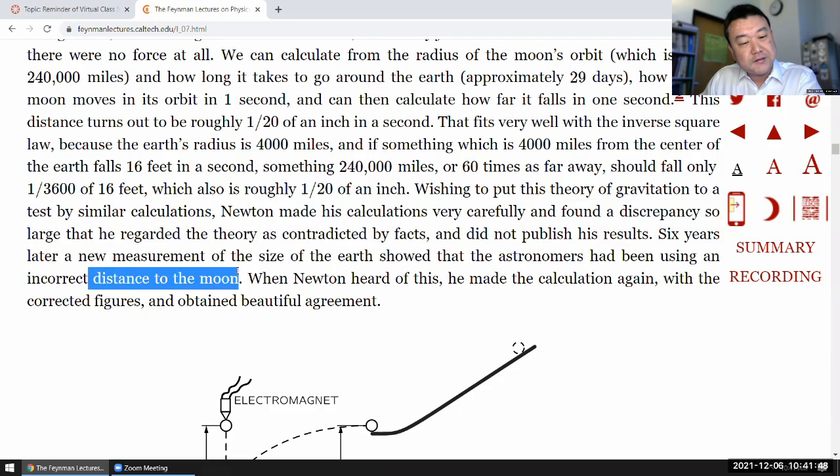And what if no one ever made a new measurement of the distance to the moon within Newton's lifetime? Then what would happen? So in the scientific world, there's a bias for publishing and making others aware of the positive result, as in results that seem to show something new.